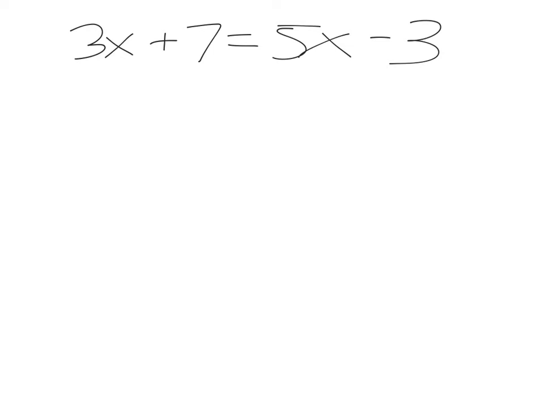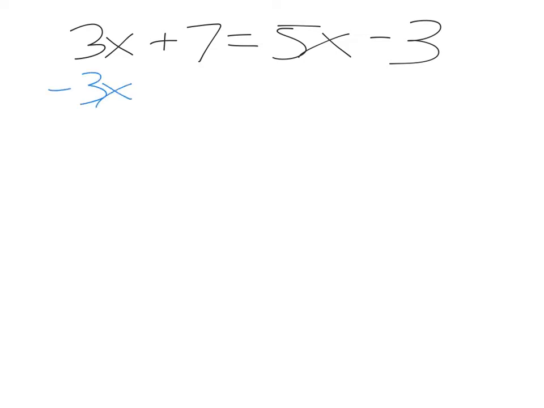So the question is, which one do you get rid of? 3x, 5x. In this case, you most probably want to get rid of the smaller variable term, which is the 3x. So what am I going to do? I'm going to subtract 3x from both sides because I've got to keep it balanced.